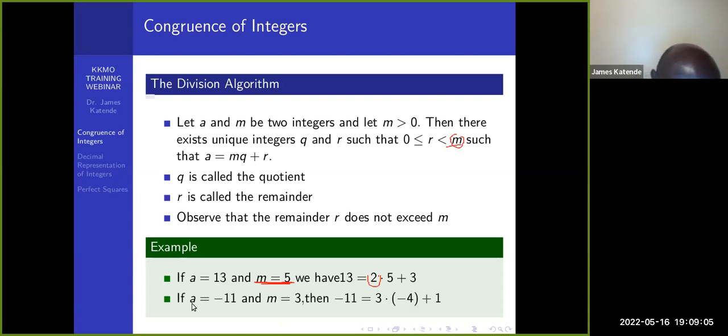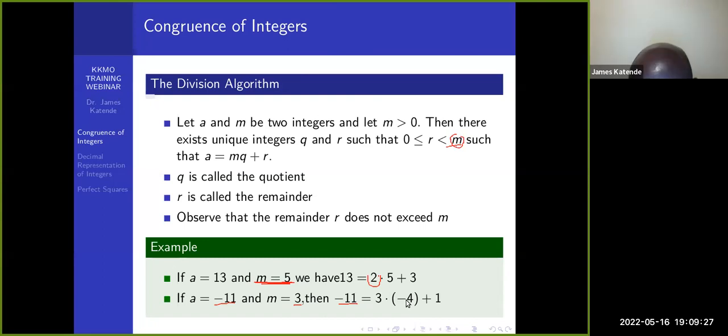Here is another example where a is negative 11 and m is equal to 3. Using the same ideas, we can write negative 11 as 3 times negative 4 plus 1. One might be tempted to write it as 3 times negative 3 to get negative 9.